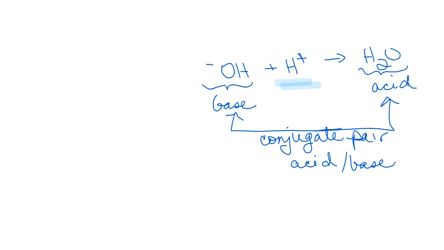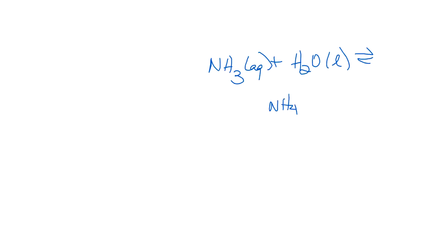So how does this apply when we talk about ammonia? Well, look at ammonia. If I have ammonia and I react it with water, what do I get? I get ammonium ion and hydroxide.